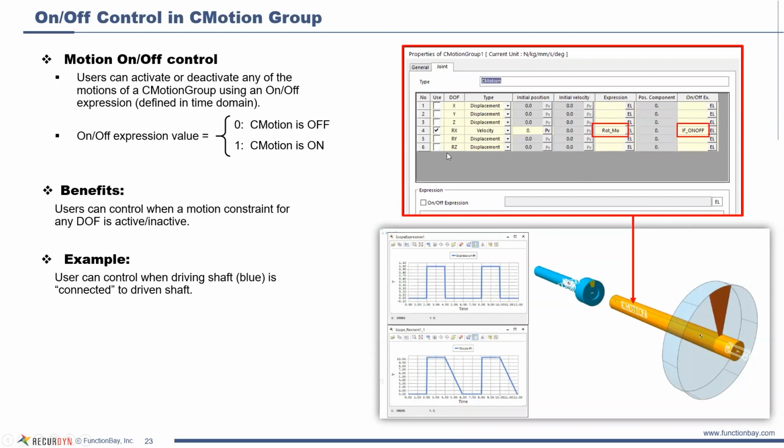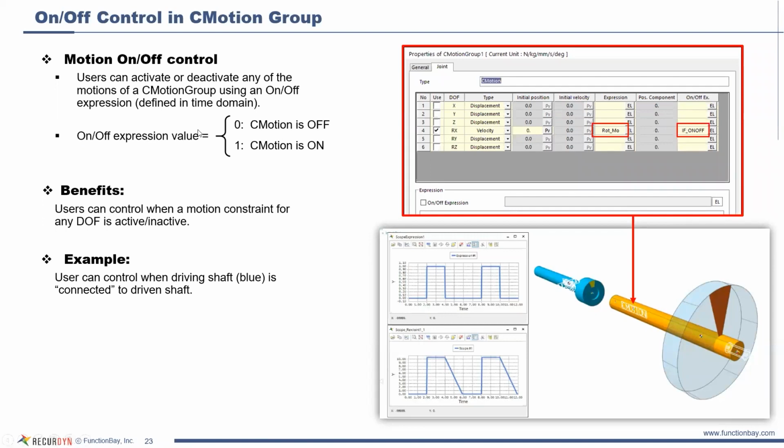So this is a nice thing to use if you have some situation where some of the standard constraints, such as revolute or translational joints, don't really meet the needs of the situation. So the enhancement in V9R5 is that you can now control whether the constraint is active using an on-off expression.